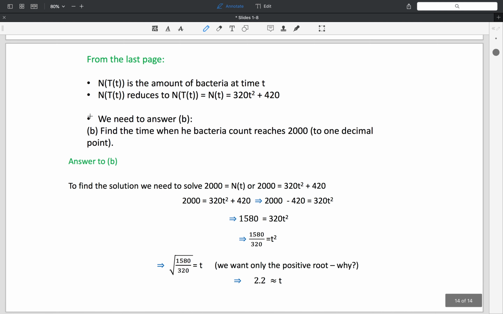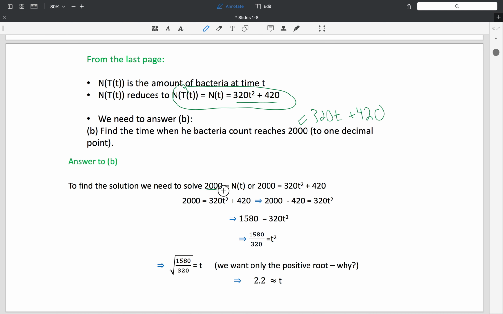Again, summarizing what we did, we simplified this composition to just a function of t. We need to answer b. So that means we want to find out when the bacteria count is 2,000. So I'm going to set this equal to 320t squared plus 420 and solve for t.